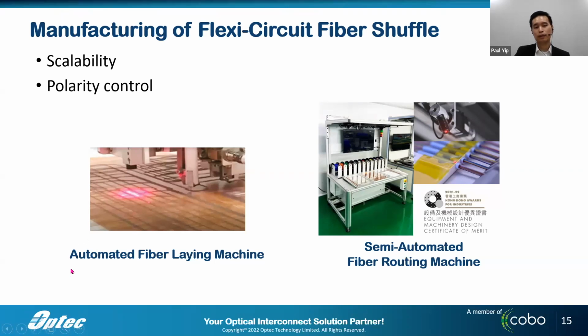So we have also developed the automation fiber laying machines. So these fibers can be put on the thin film without any manual process. And the precision is very good.